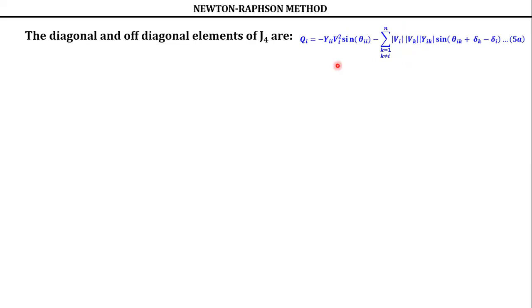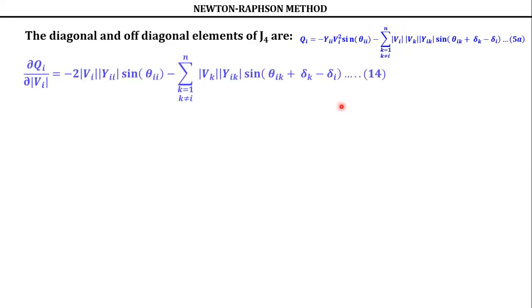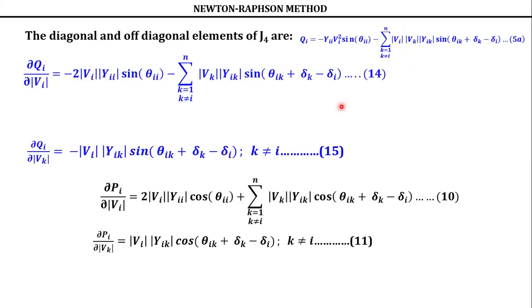So we have seen this equation, I have compared it. First, under the Newton-Raphson method, we developed the power flow equations 4 and 5. Equations 4 and 5 can also be written in a different form, 4a and 5a.